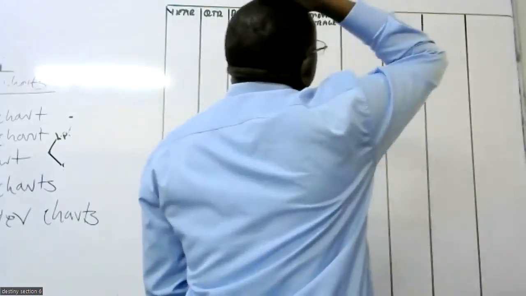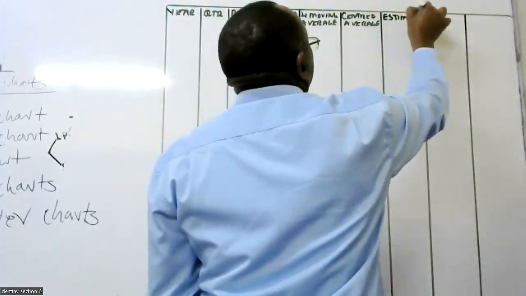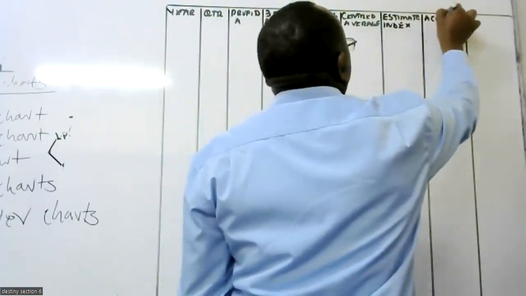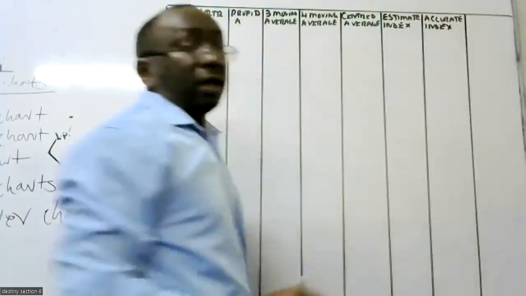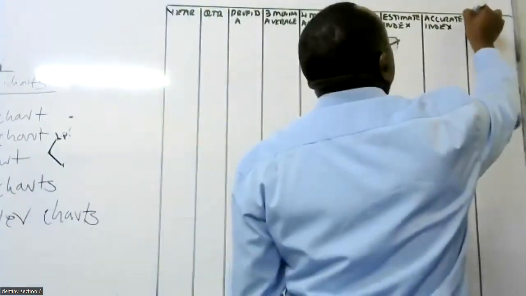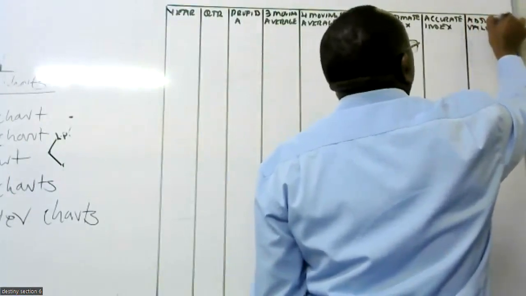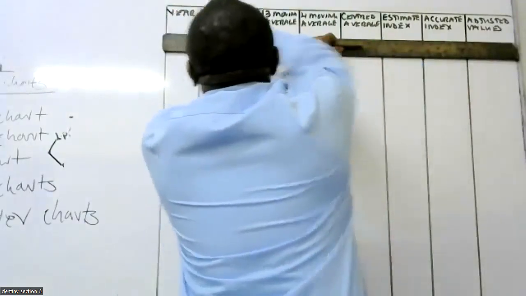Then I will get the estimate index. Then I will get the accurate index. And then I will get the adjusted values. Adjusted is the other word for deseasonalized.